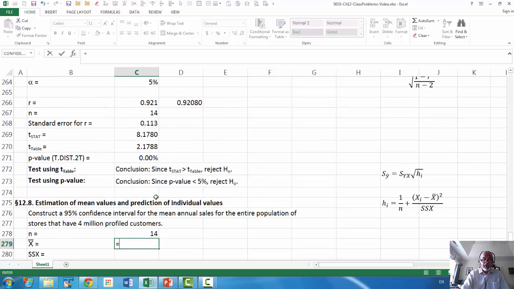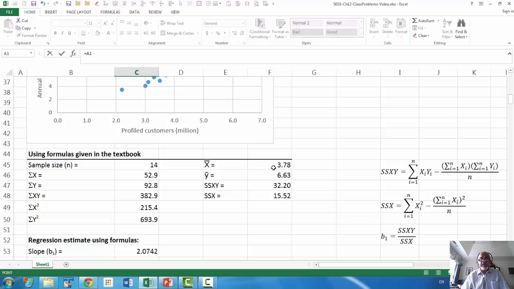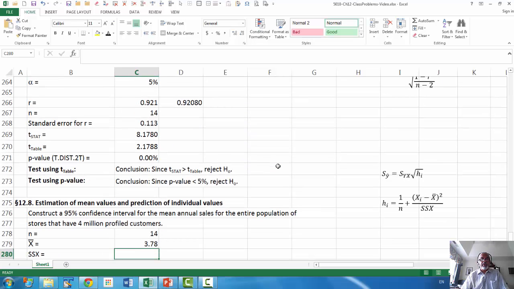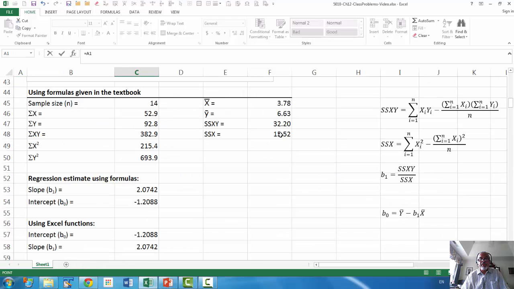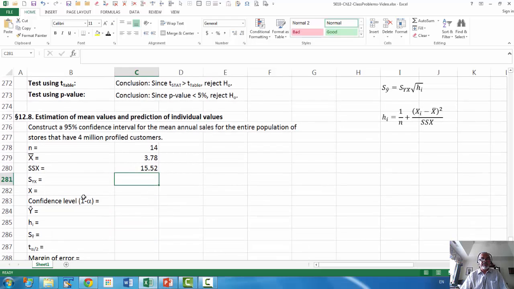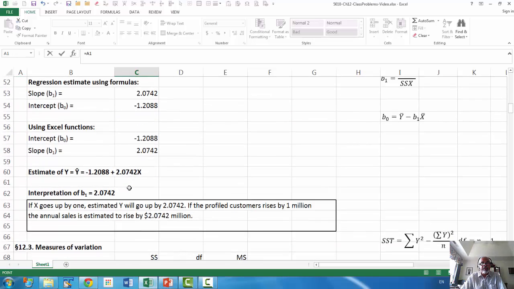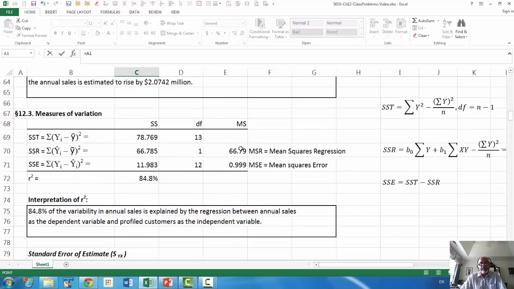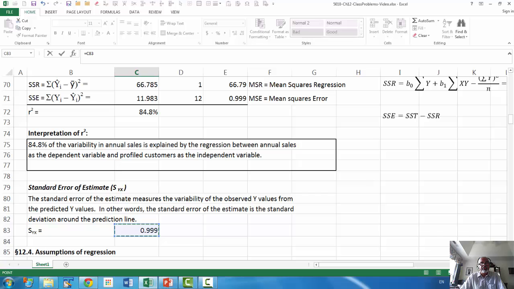Now we need x bar, which is right there. Then we need SSX, the sum of squares of x, which is right there, and then s sub yx. S sub yx is the square root of the mean square error that we calculated here, the standard error of estimate, which is that.